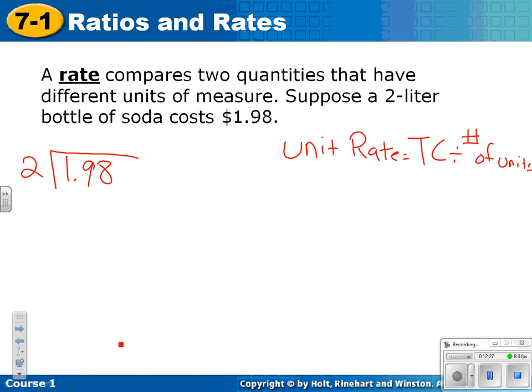Well, 2 goes into 19 how many times? 9. Put our little dot up there right away. 99. So the unit rate, this thing costs, and listen to this carefully, 99 cents per liter. That's how that works.